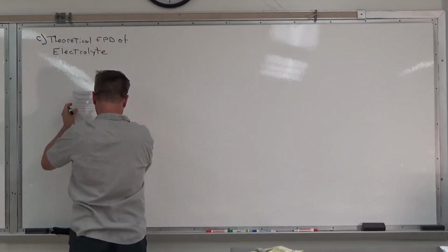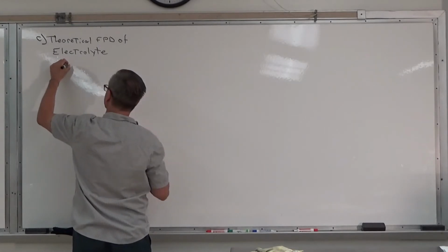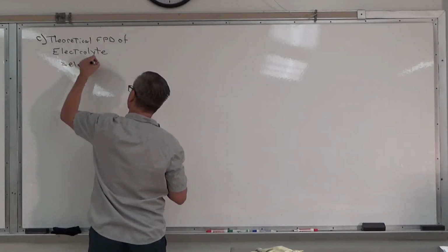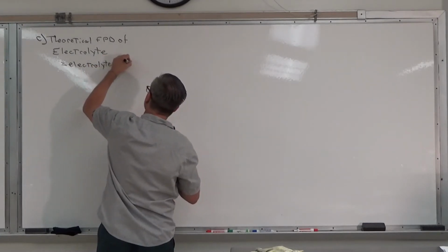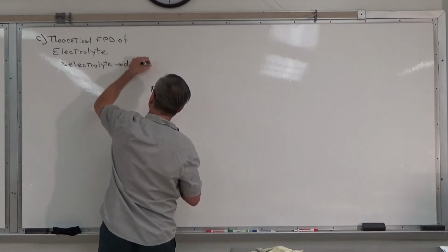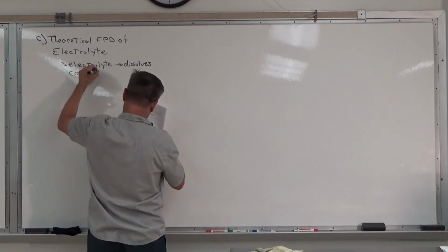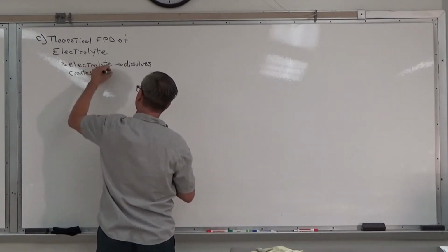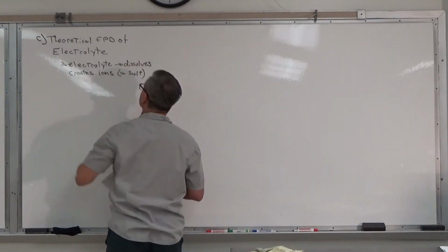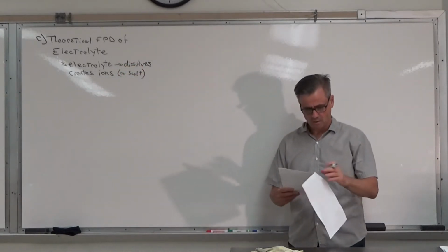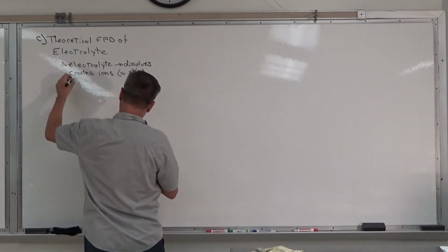Okay. Remember, an electrolyte dissolves and creates ions. Okay. So in other words, it's a salt, an ionic compound. And that means it creates more particles.